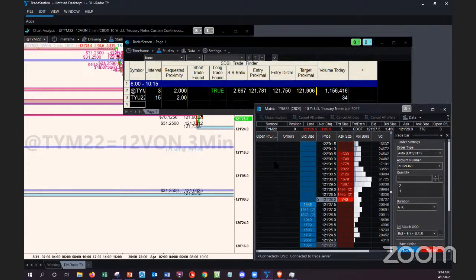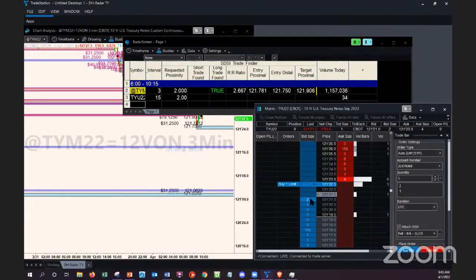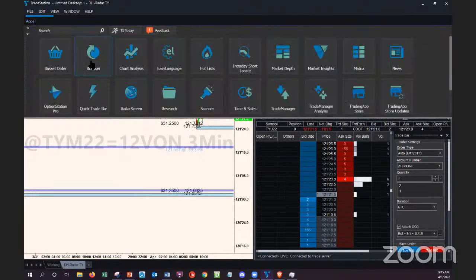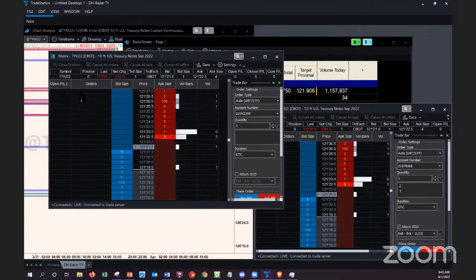Right now we're at 127. If we go here and do TYU 22, we're at 121.21. So we see a difference there. We just load another matrix here. And that's TYU.